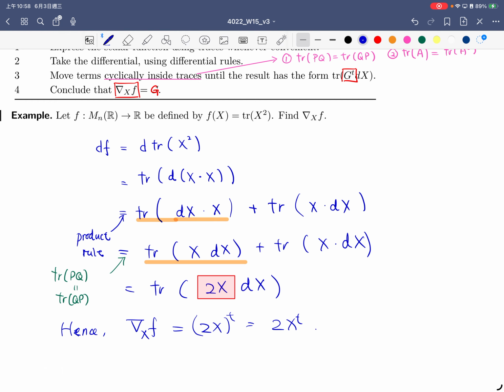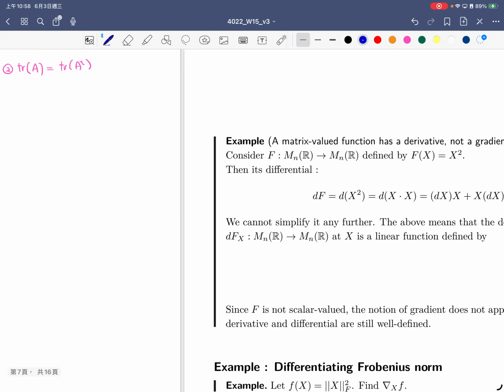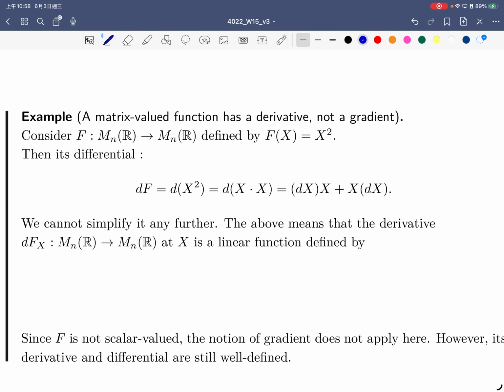The next example I want to demonstrate is what happens if I don't take the trace, okay? What if now I only consider f of x equal to x squared? Then you can also do the product rule. So df, by using the product rule, would be given by dx x plus x dx. Remember, these are matrices, okay?